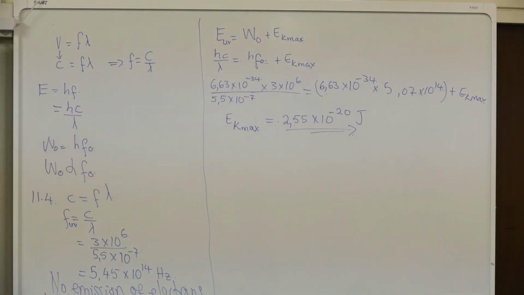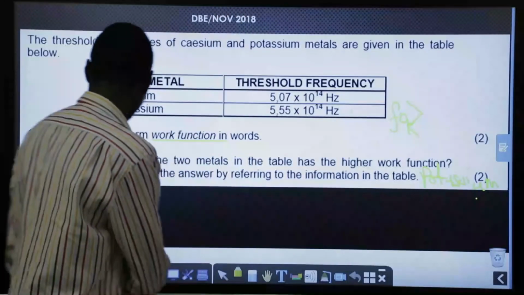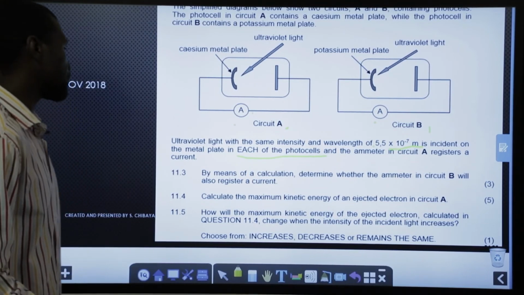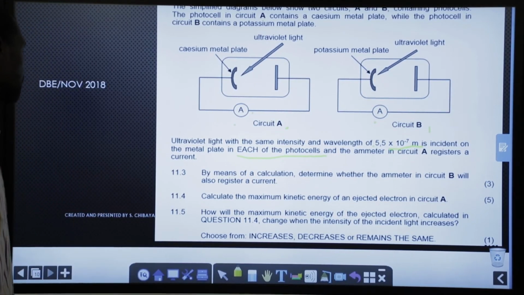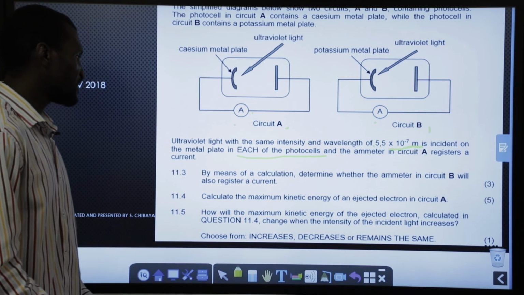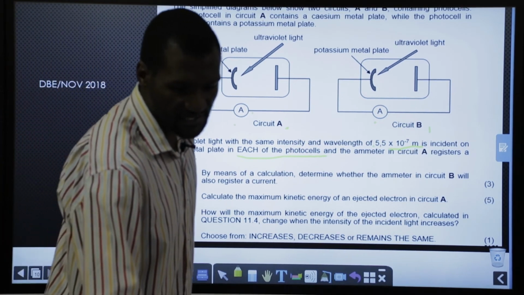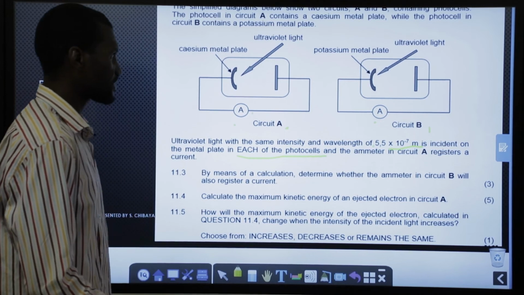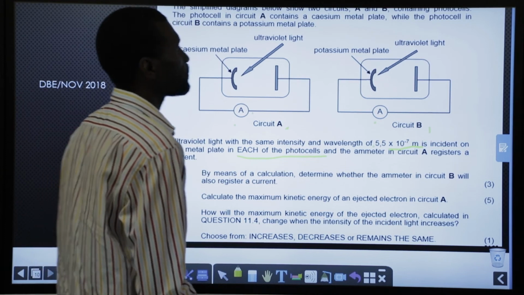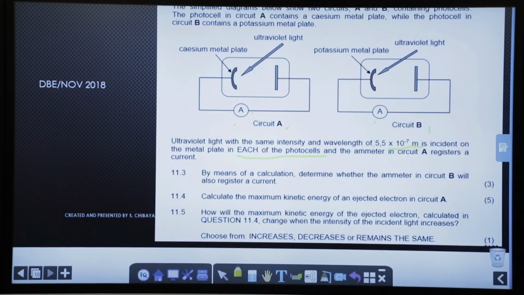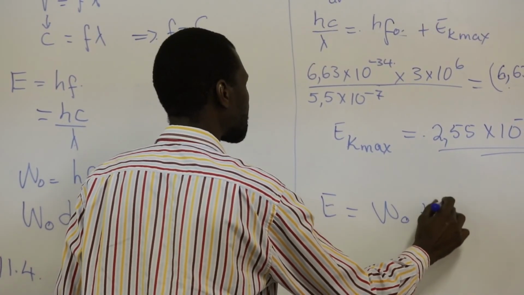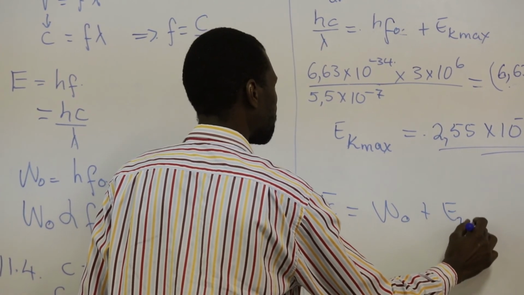The last part of this question then says, how will the maximum kinetic energy of the ejected electrons calculated in question 11,4 change when the intensity of the incident light is increased? Okay. So if you look at the equation that's showing us what affects the EK, the equation E is equal to W0 plus EK max.